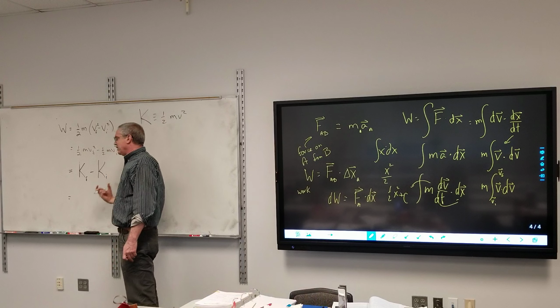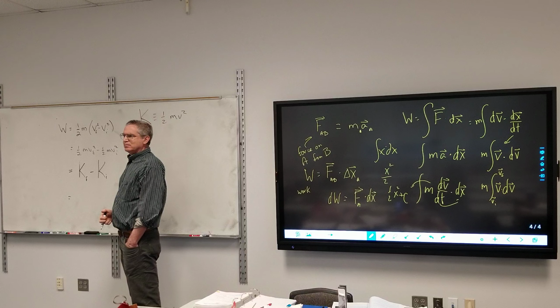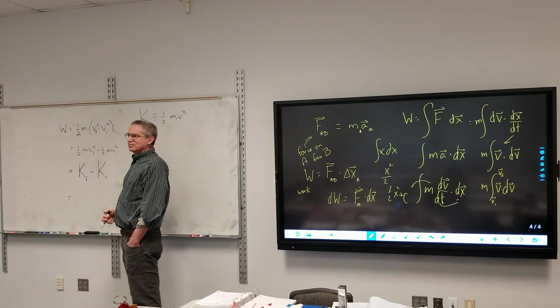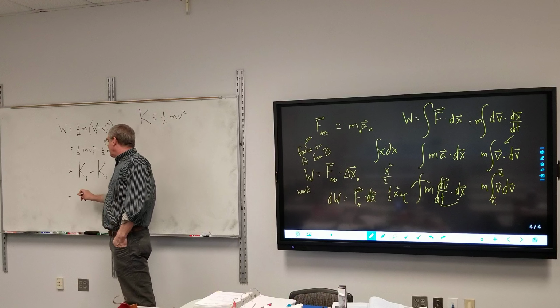And if I've got final minus initial, how can we shorten that? Not average; average would be plus and divide by 2. Change, delta. Change in K.